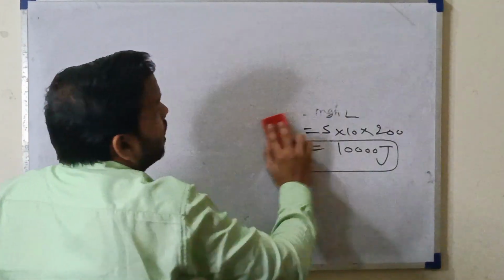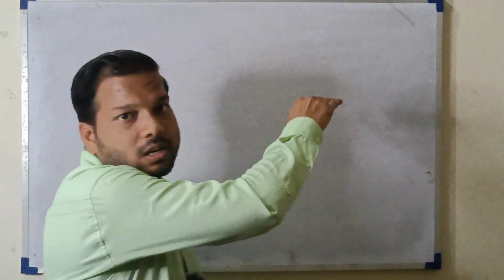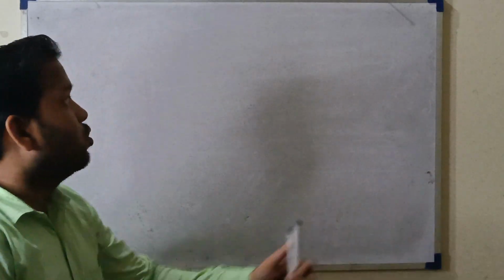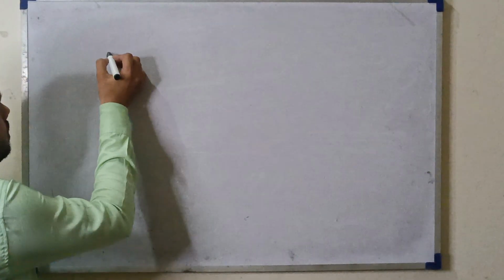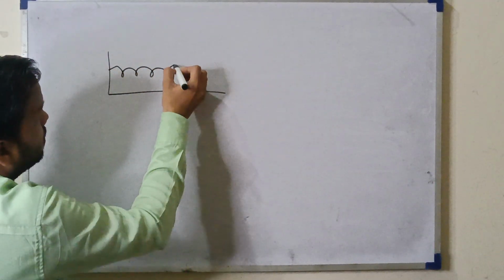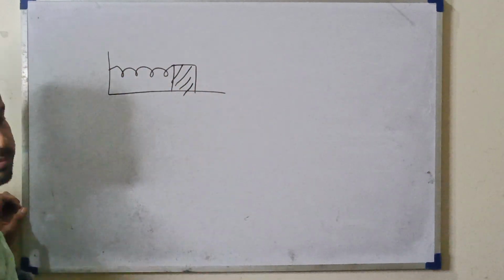Okay, now I will tell you about elastic potential energy. As I told you, the energy stored in an object due to its position or deformation is known as U. Suppose there is a spring, and this is the normal state of the spring. It is the natural length of the spring.